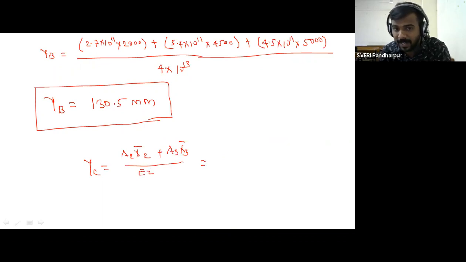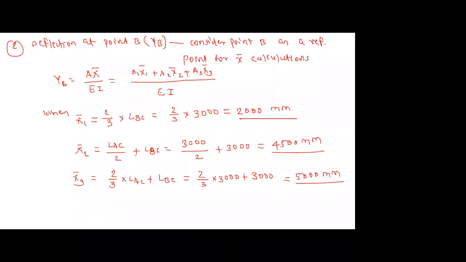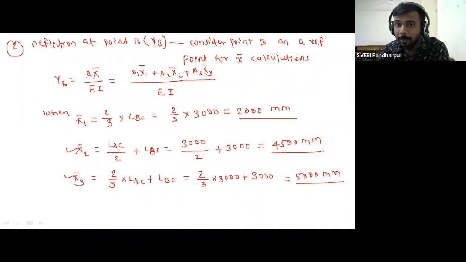Can I take the previously calculated values of x2 bar and x3 bar? Why? Because these x2 bar and x3 bar values were calculated considering point B as a reference point. But for the calculation of C, these values will not be applicable.